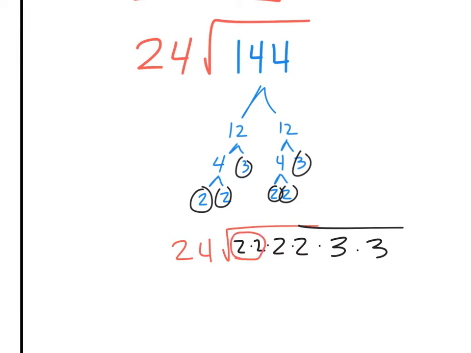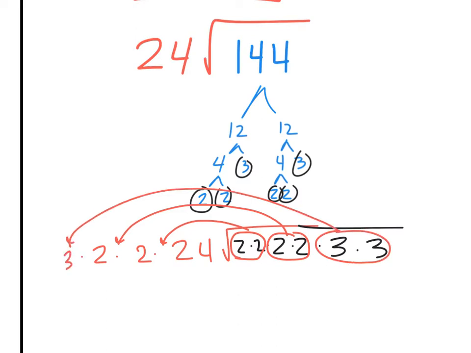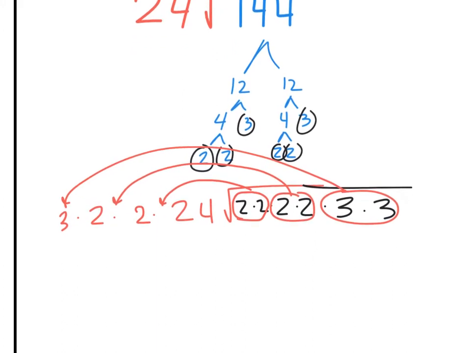I got a double 2. I got another double 2. And then I got a double 3. So what I really have is nothing on the inside of my radical. Everything is on the outside. So what I really want to do is 3 times 2 times 2 times 24, which will give me 288 as my final answer.